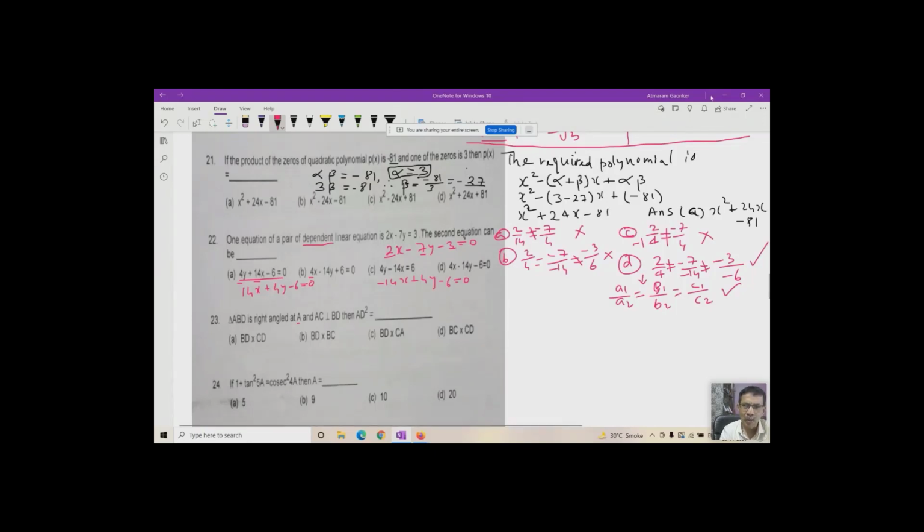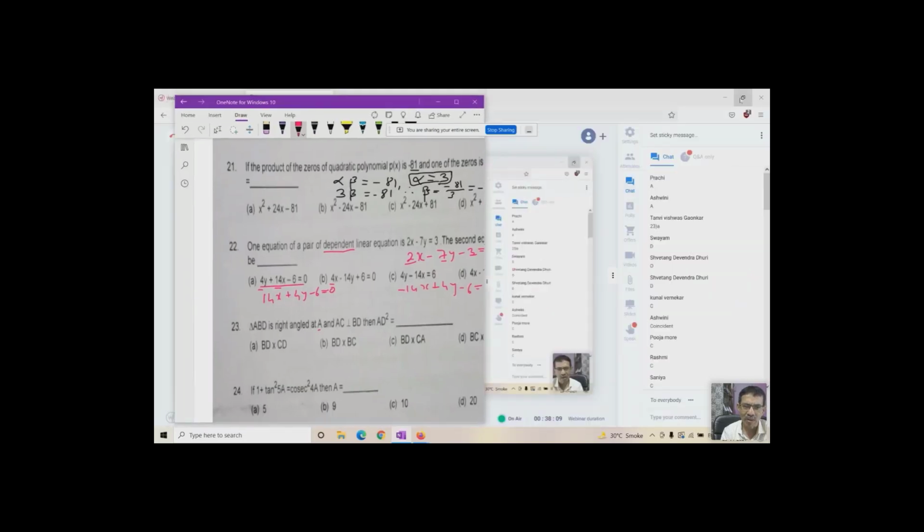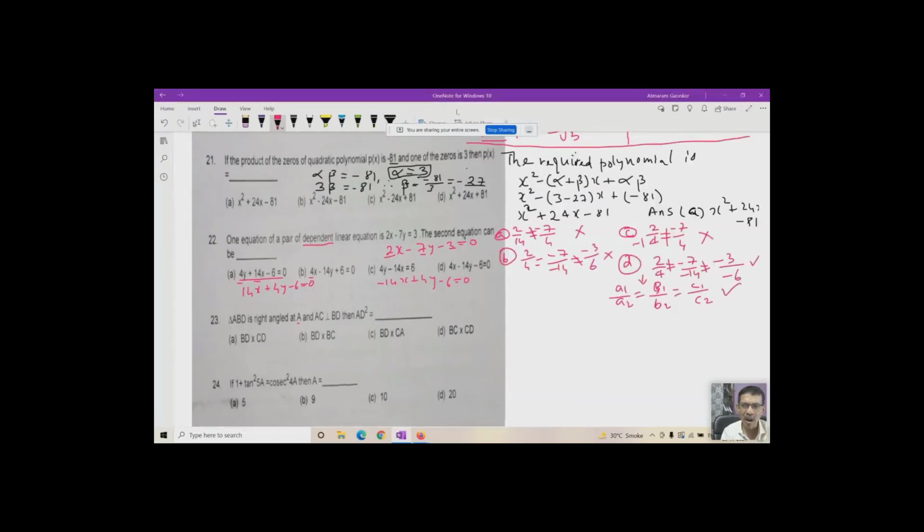Before that, please type your answer in the comment box for those who have solved it correctly, and then I will go to solve this. Yes, it is A. How many of you find it difficult to solve this?